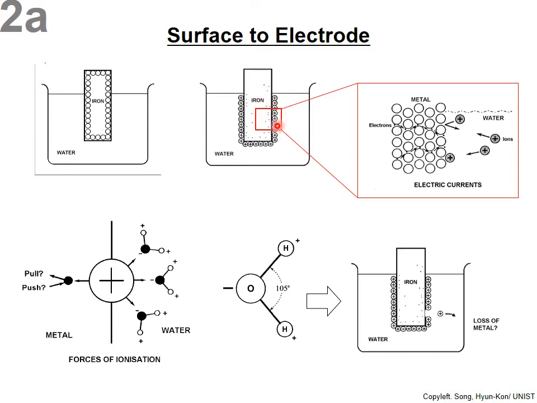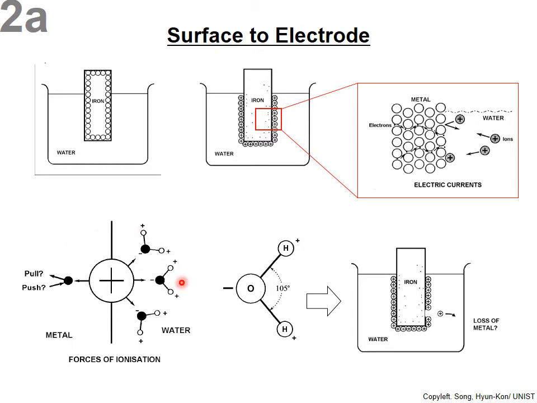From the viewpoint of the positive surface species, from here to there, we have two attractive forces. One from the electrolyte side or water side, the other from the metal side or electrode side.